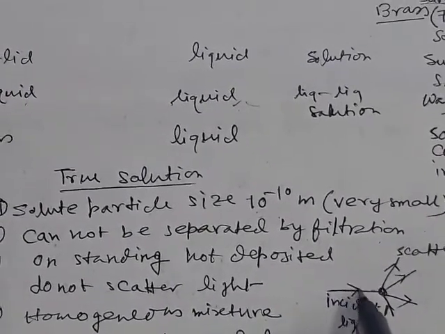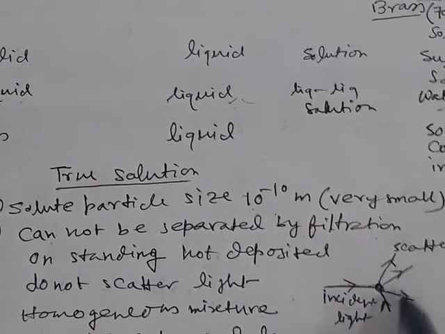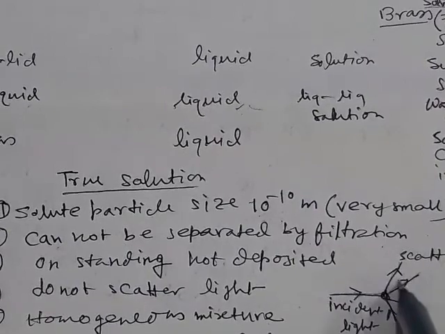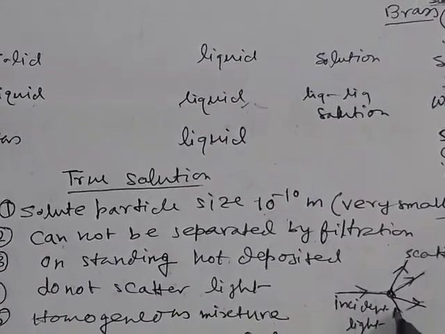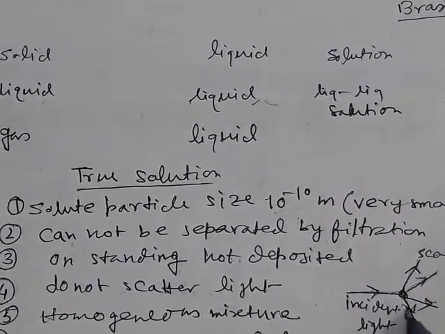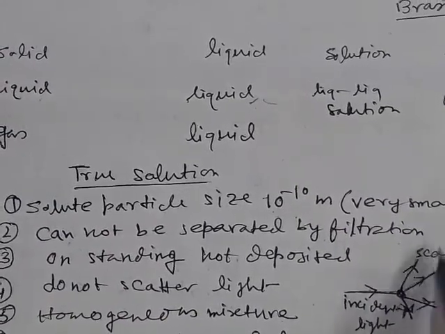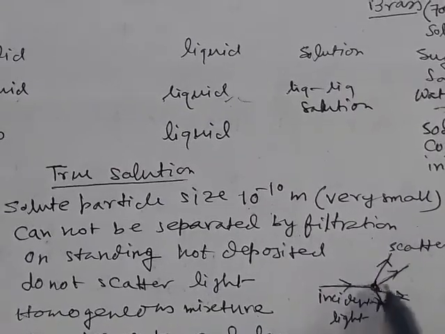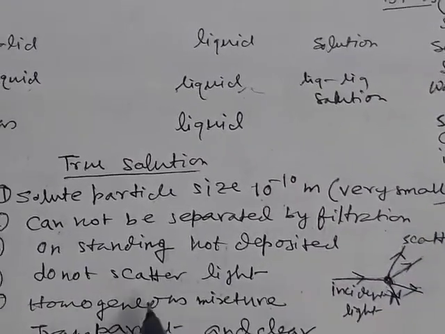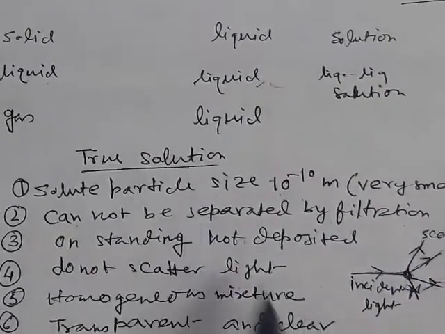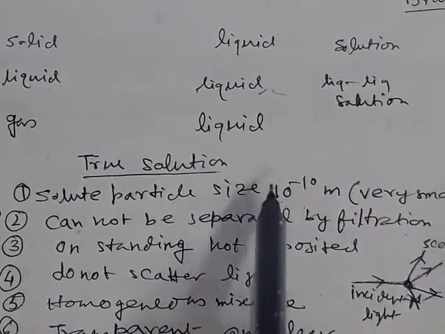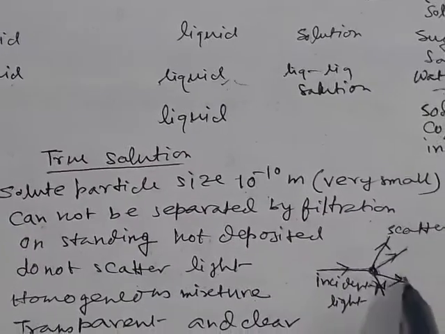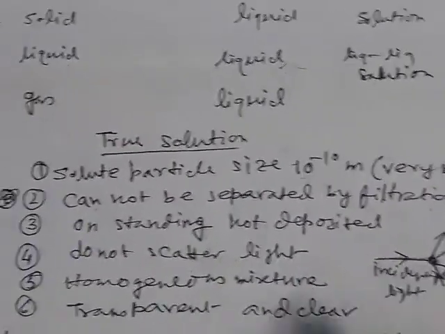Say the incident light is coming in this path, and after interaction with the particle, the path of the light ray will be changed. This is called scattering. That is, the light beam is scattered by this particle, and this scattering is not observed for a true solution because the particle size is very small. Scattering of light is observed only when the particle size is large.